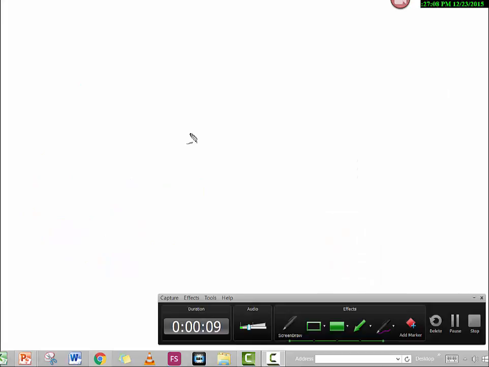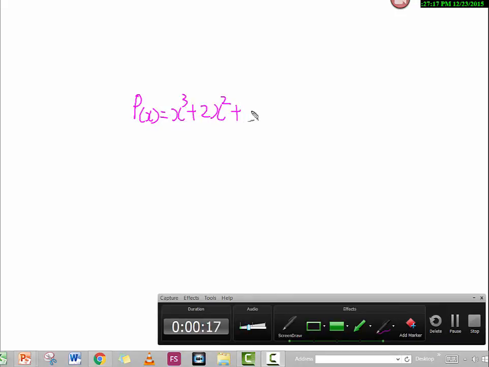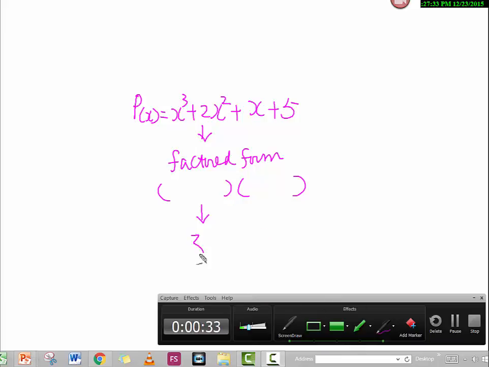So far what we have done in this unit is you're given a polynomial function and then they ask you to change it to factor form. It's going to be in terms of the linear factors, and then based on that you find the zeros and then we graph them.